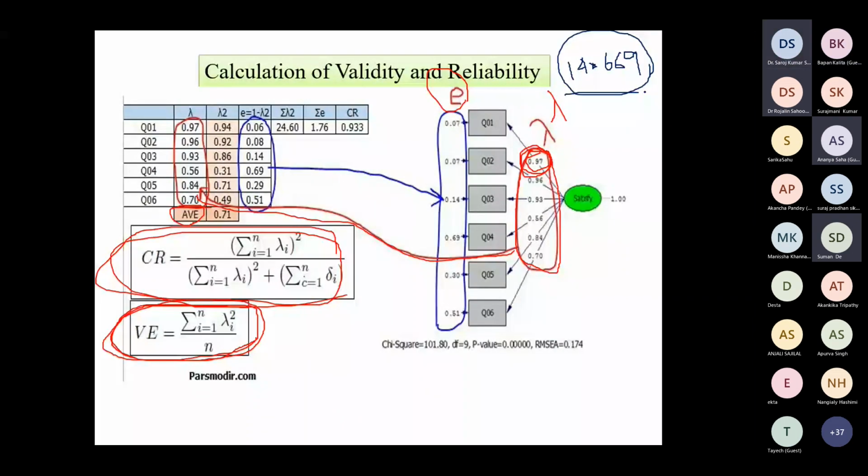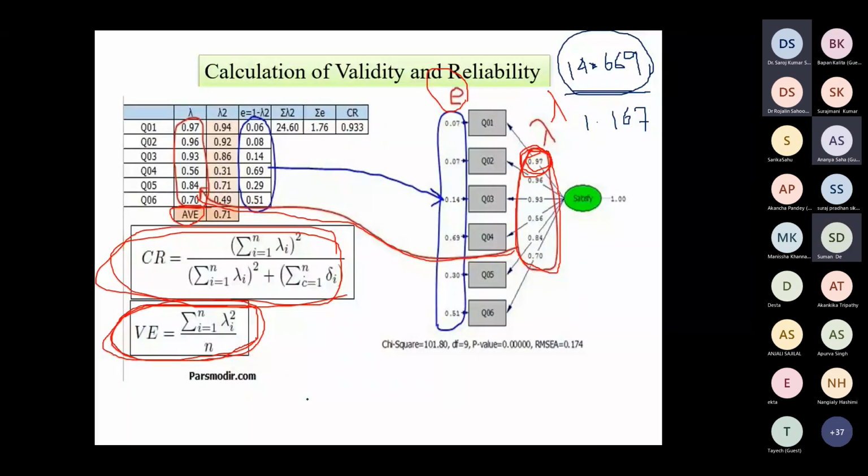Okay. So this is the summation of lambda square. Clear? Now add all the error values. The 1.167. Yes, sir. Now follow the formula.